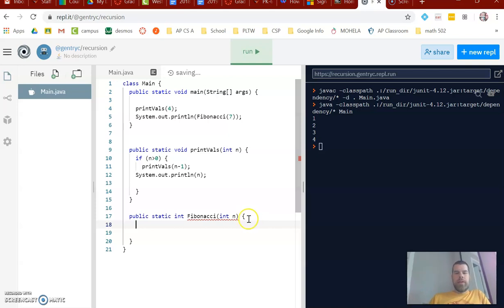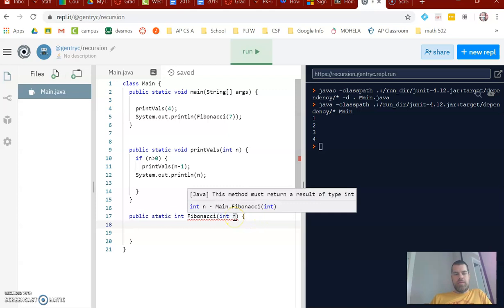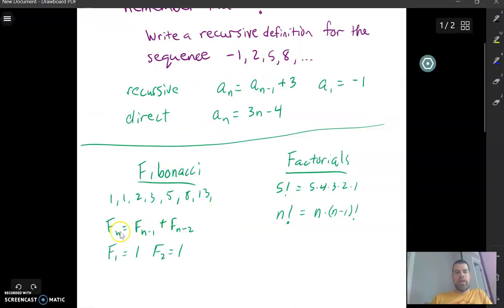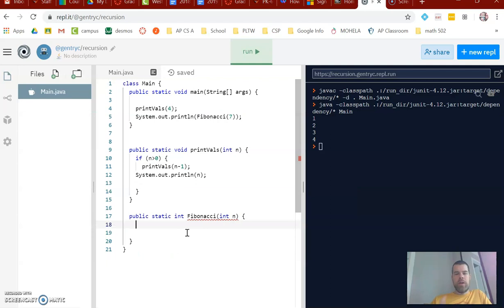In order to calculate the nth Fibonacci number, remind you, we need to add together the previous 2 Fibonacci numbers. Okay? So we're not really going to do any calculations here. We're just going to say, go add the previous 2 numbers. And that's your answer.